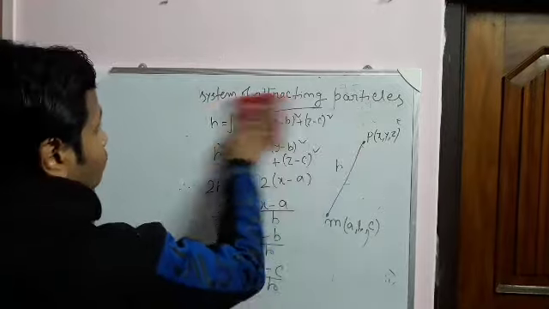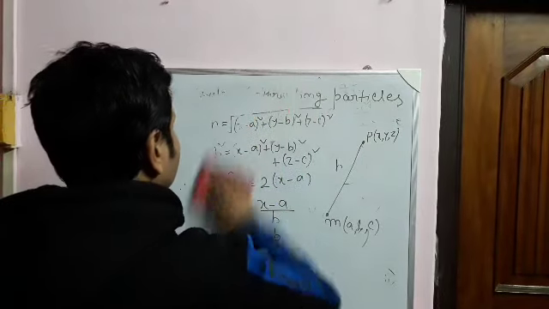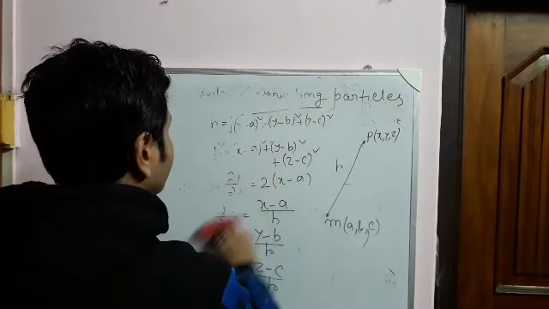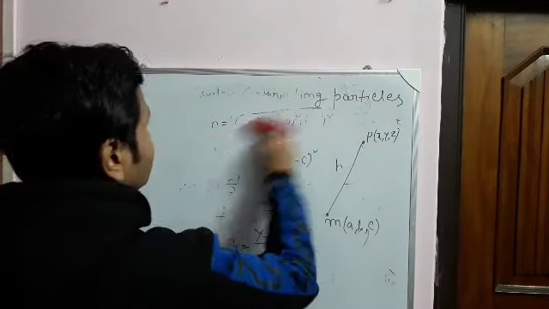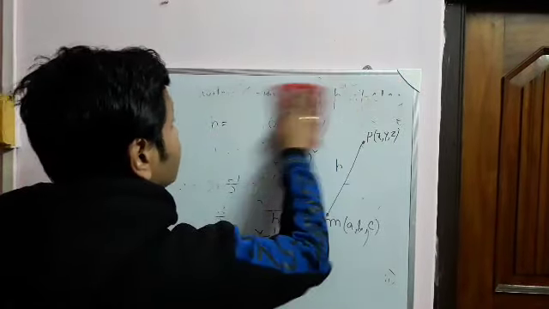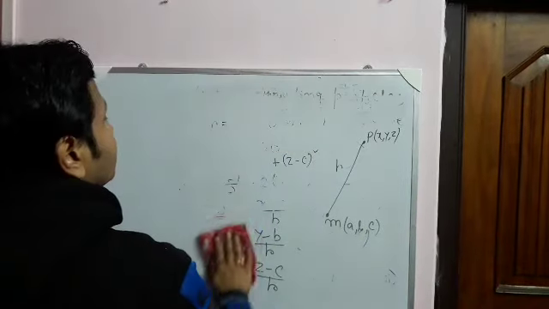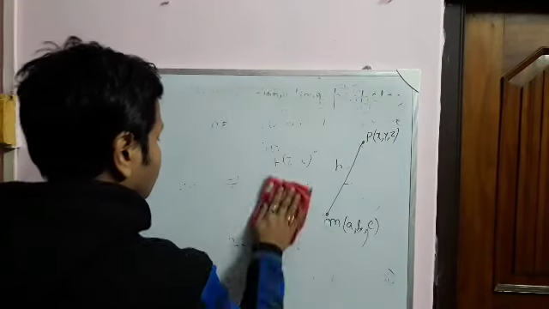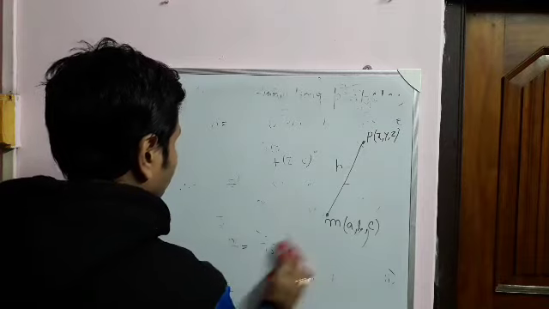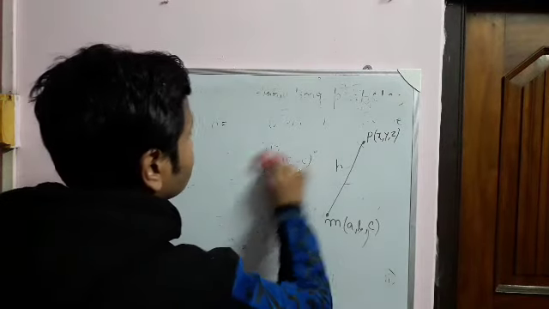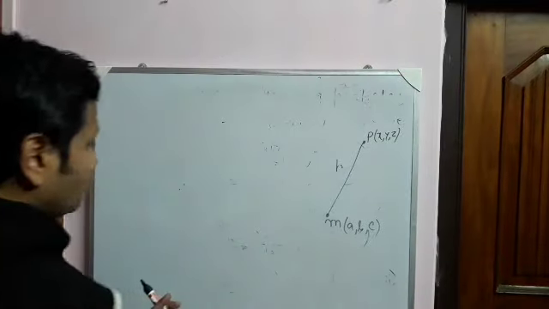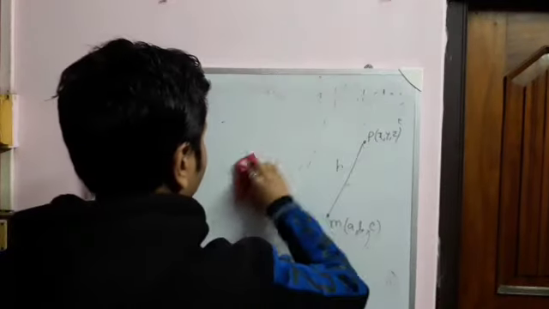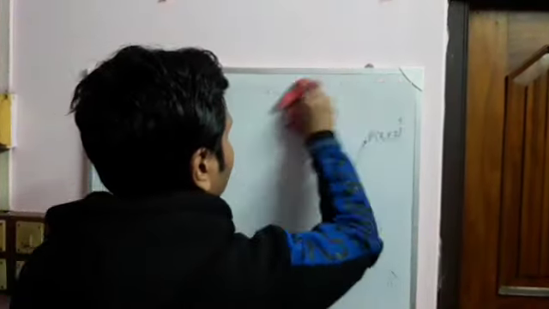Previously I told you that V is the potential of the system of attracting particles, so there must be an expression for V. V is related to the mass of the particle and the distance, which we all know.